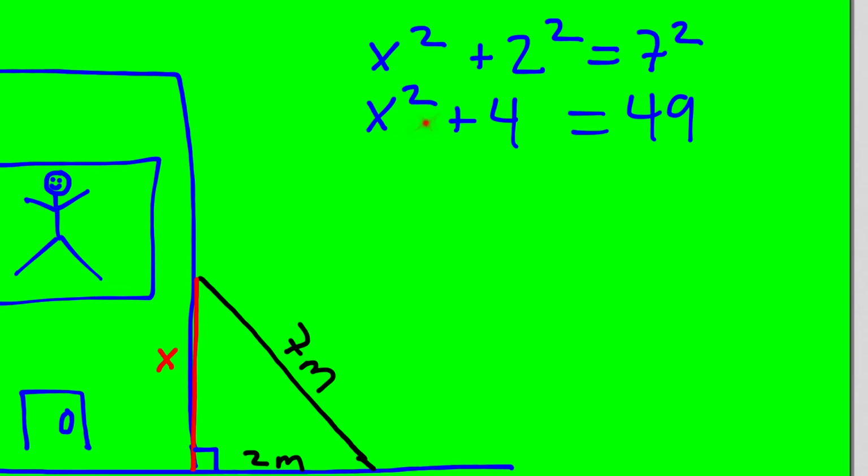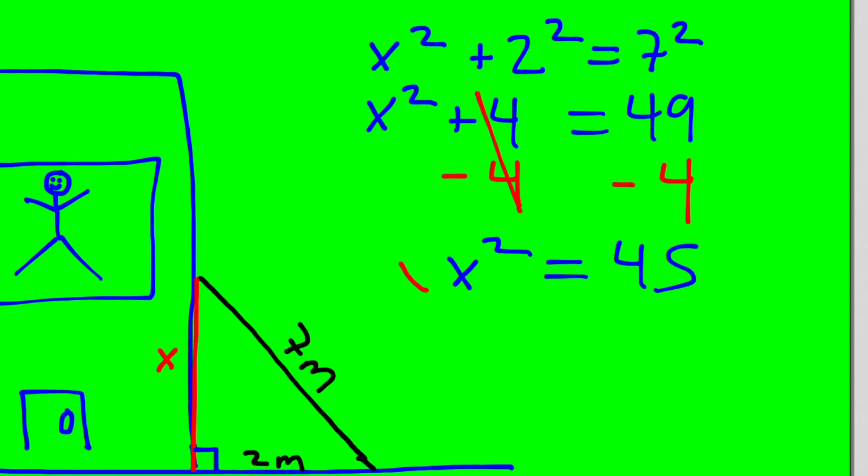We want to isolate the x squared by itself and make this plus 4 turn into 0. So to do that, we can do minus 4, and that's quite all right, just as long as we do the same thing to the other side of the equal sign. This cancels off, and you're left with x squared equals 45.